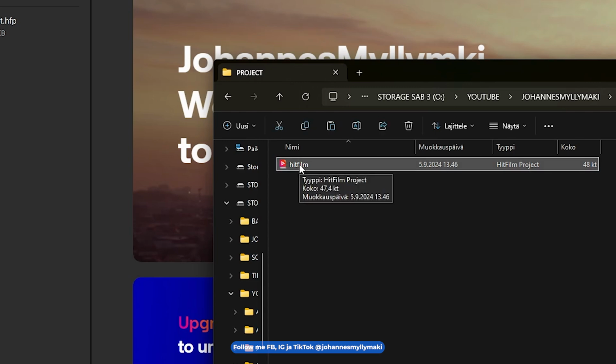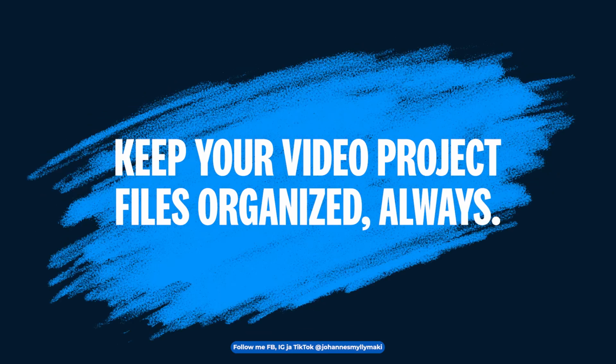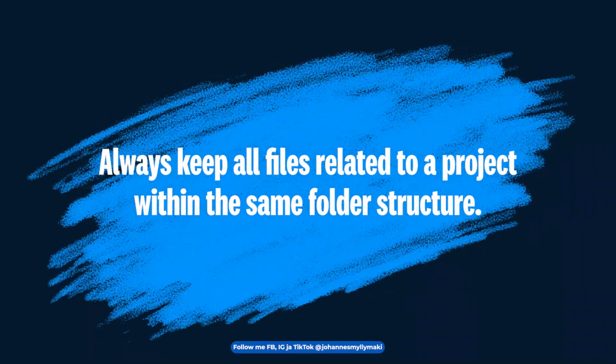If you are going to make a lot of different video editing projects, you want to keep things very clear so you know where to find those specific project files for specific video editing projects. Because if you don't know where your project files are, then you just lose time searching for them. And that I can say from experience.